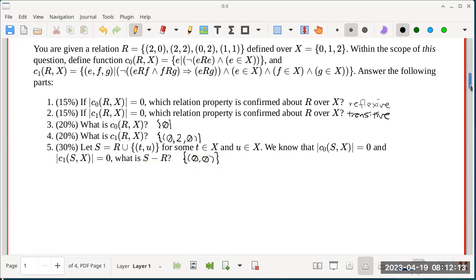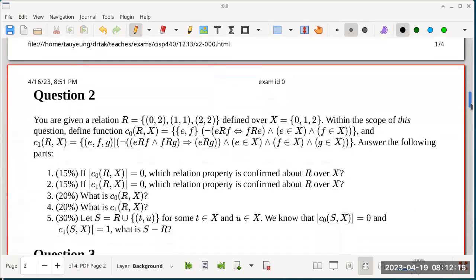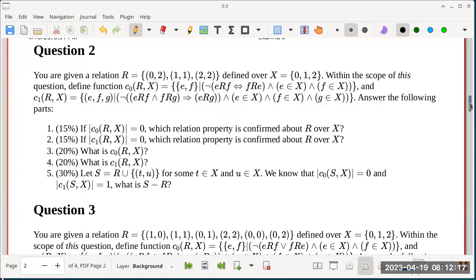All right, so the next 3 questions are very similar. In question number 2, C0 is defined to be not RF, ERF, if and only if FRE. This part here is coming straight out of symmetry.